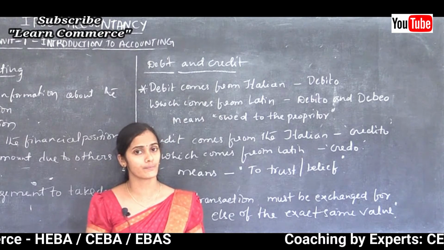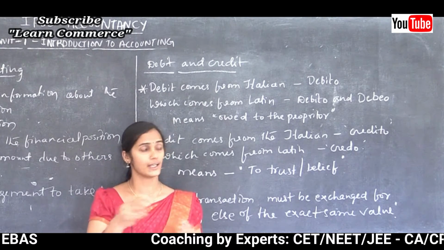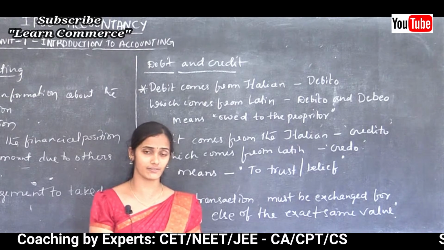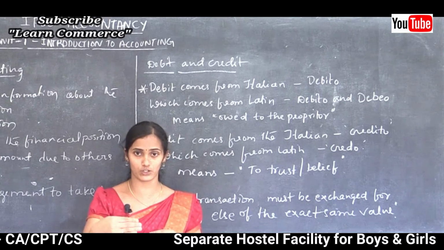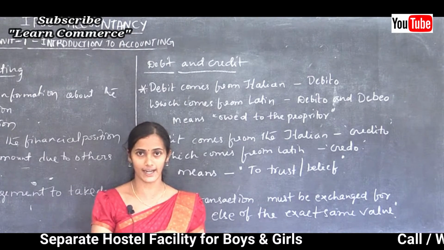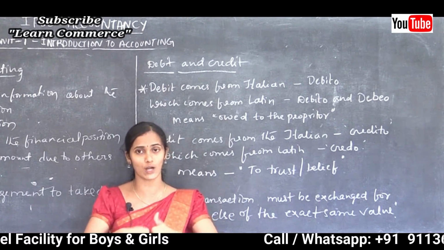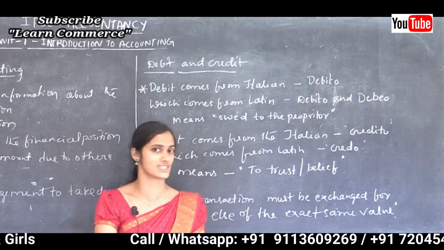The customer paid 10,000 and what did he receive? He received goods of the same value. Correct, right? He gave us 10,000 and purchased goods worth 10,000.